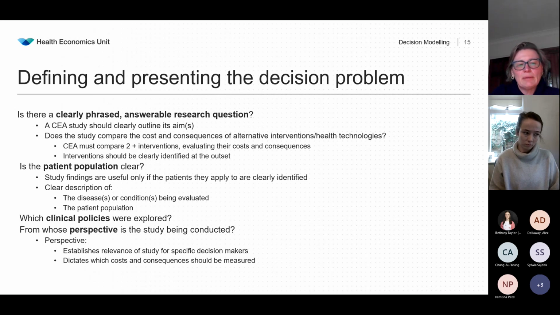Another important point is the perspective, and Heather covered that in the last session. So thinking about the relevance of the study for specific decision makers, be it an NHS perspective or an ICS perspective. And that tells us what costs and consequences have to be measured.